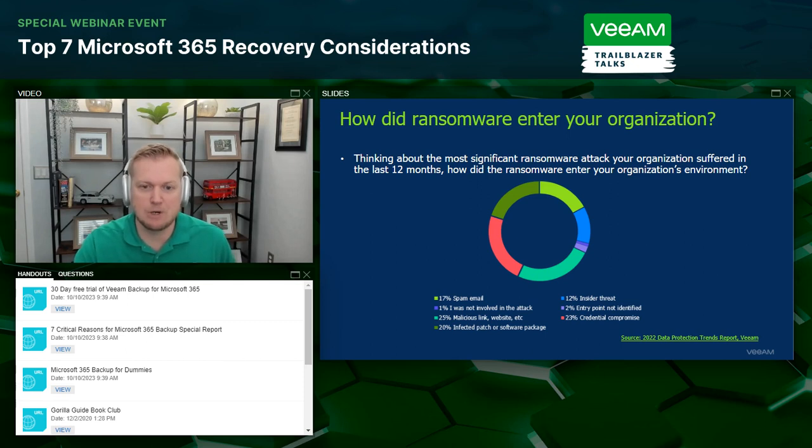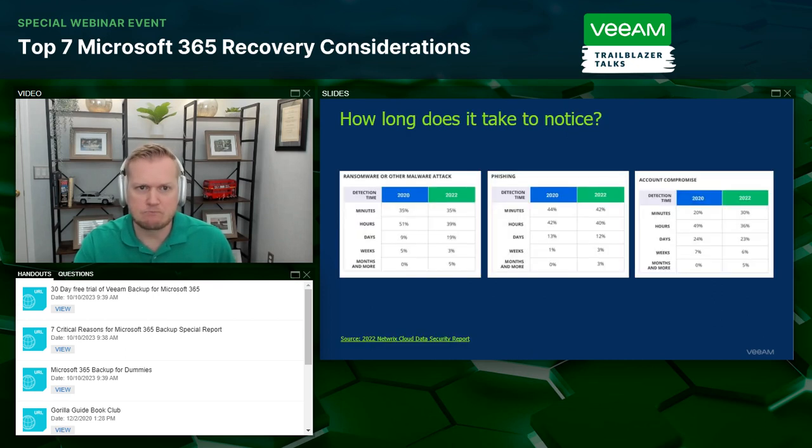A good part of preventing this is obviously education and making sure that we know that, look, our users are our first line of defense. Our users act as our firewall in some regards. So there's a big education component. We can have the backup, we can have the restore capabilities, but we need to make sure that our users are educated and skeptical of every communication that they get.